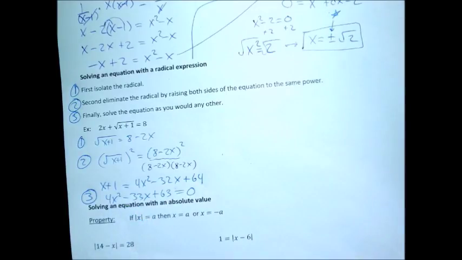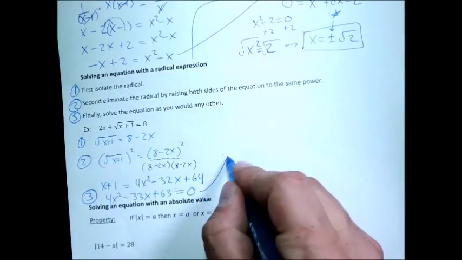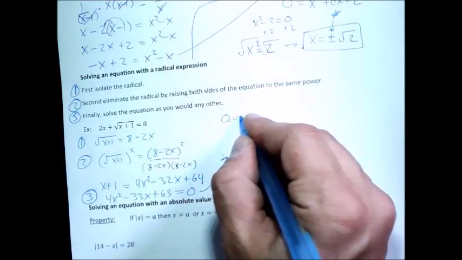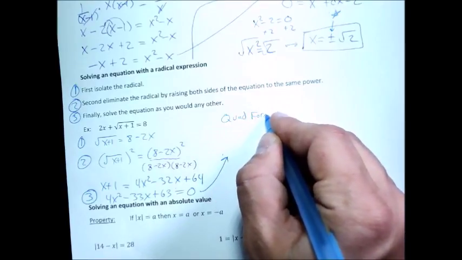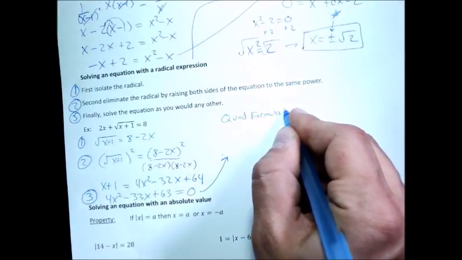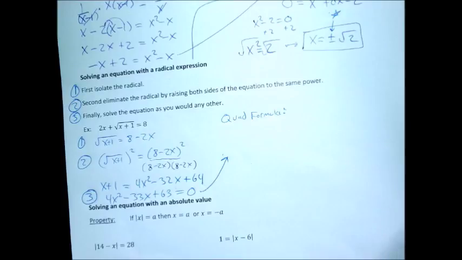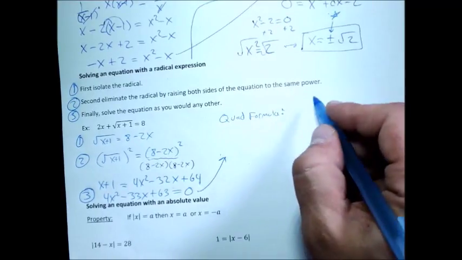And that looks like a real good candidate for the quadratic formula. Right? It's not going to be a nice factorable thing, so we use the quadratic formula. So I'm going to do that using quad form. And when you do that using the quadratic formula, you get the following.